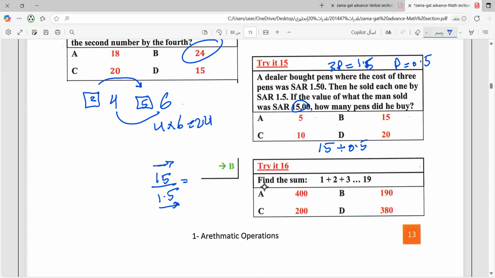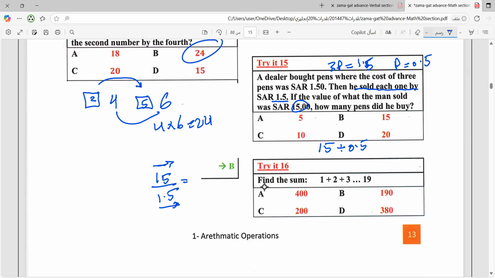He said here that he sold each one for 1.5. And if the value of what the man sold... shouldn't we divide by 1.5?